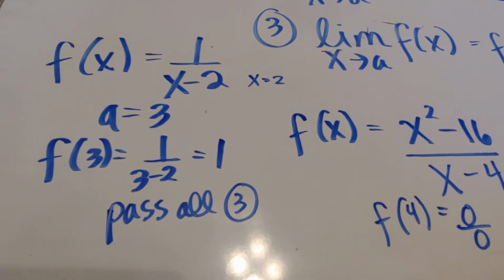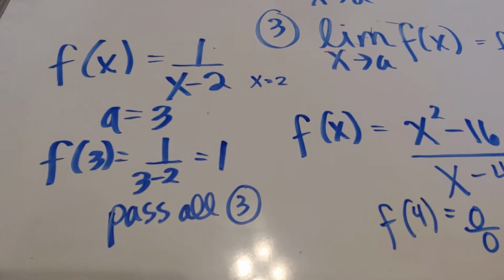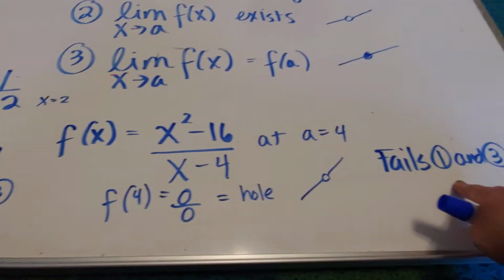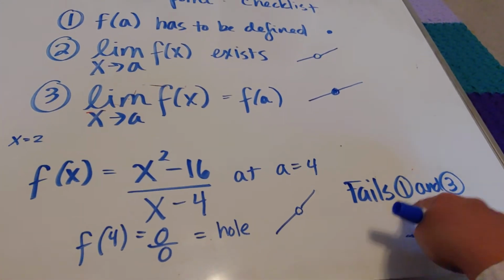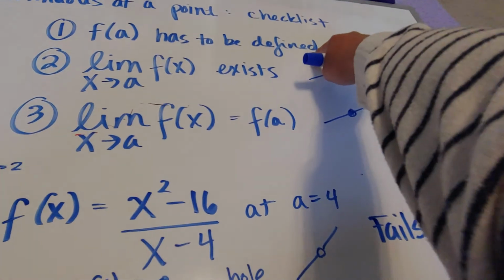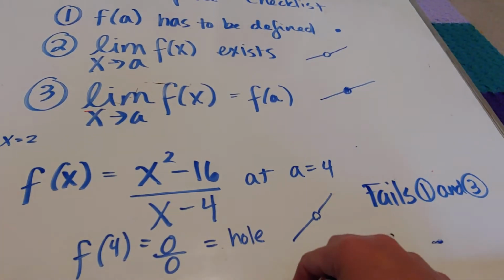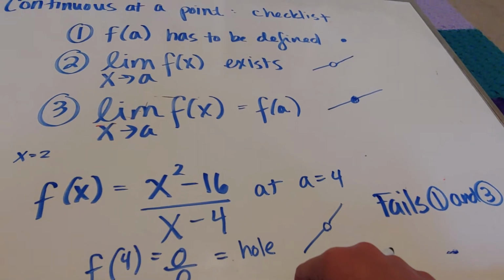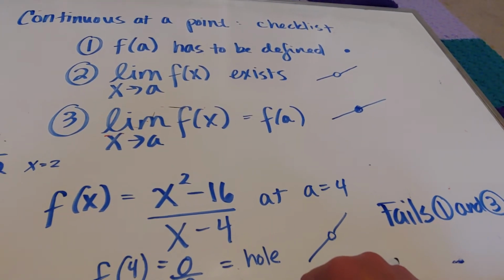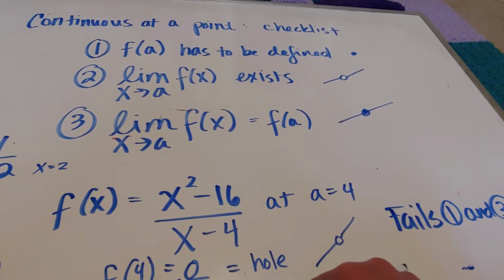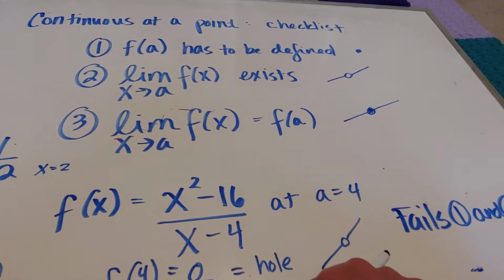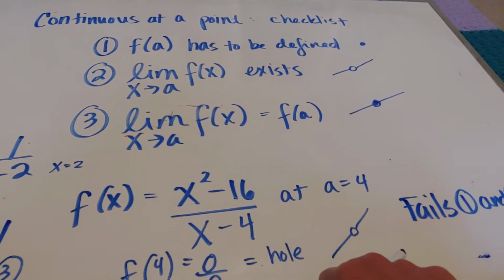What would it look like if I didn't pass all 3? Well, basically, this example here where I'm failing 1 and 3, or maybe I just fail 1, that it has to be defined, or I could honestly fail all 3 things. Before I finish this video, and you're probably going to be rewatching it a lot, here's what I mean by I'm failing all 3 things.